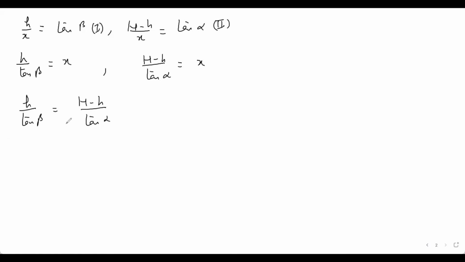If both are equal to x, they are equal to each other. Now I'm going to find the value of H. So cross multiply it. h tan alpha is equal to H tan beta minus h tan beta.